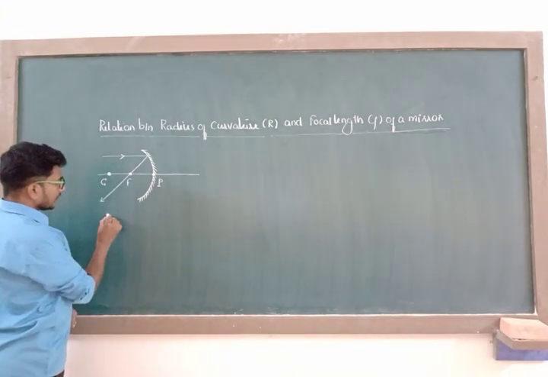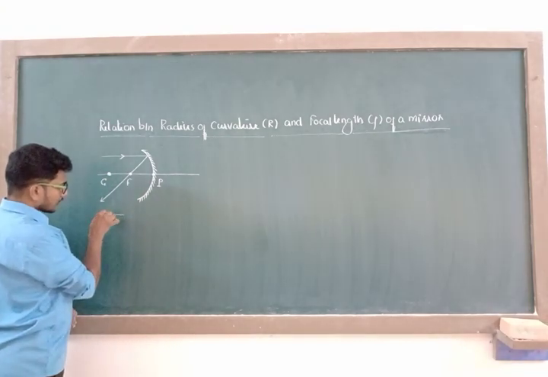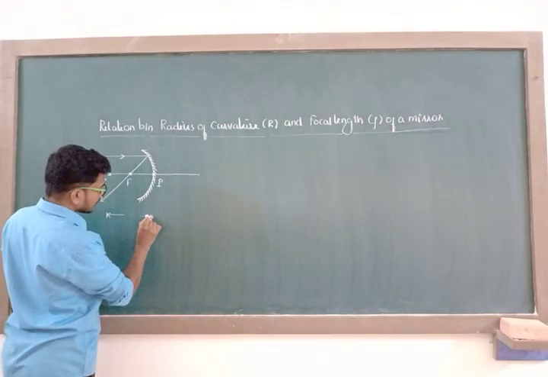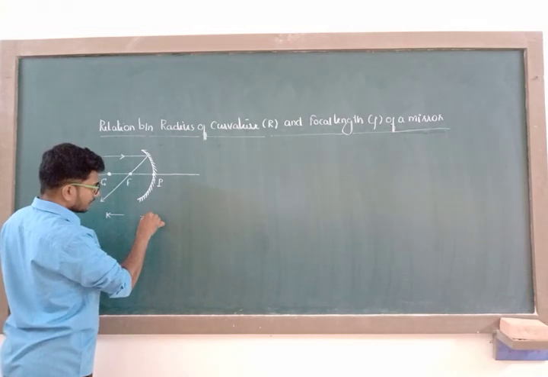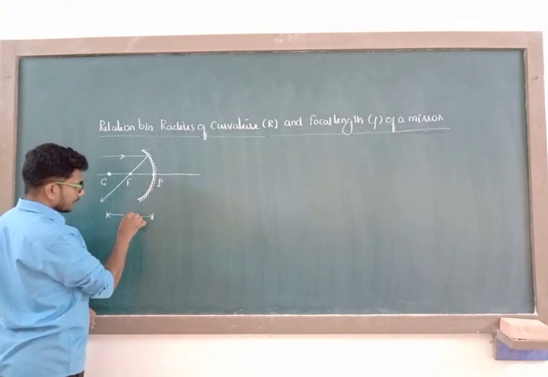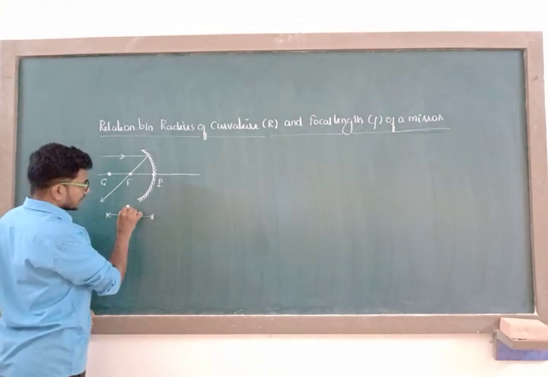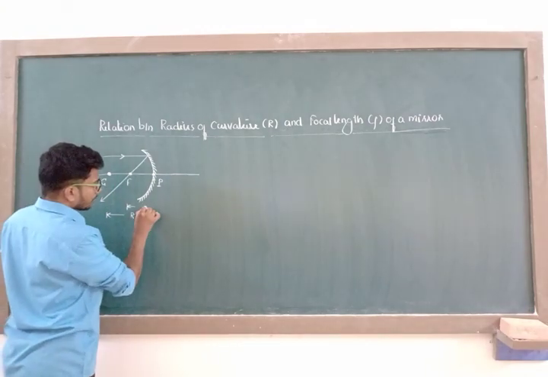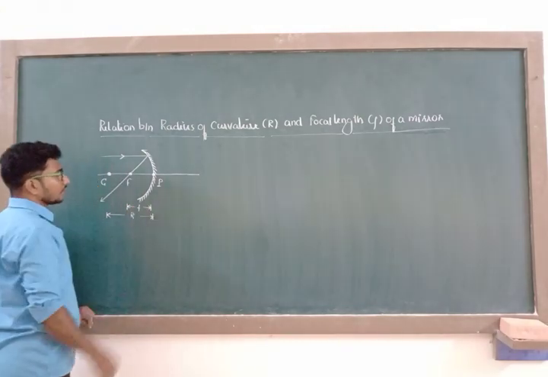A distance between center of curvature and a pole, this distance is known as a radius of curvature and it is represented by capital R. Distance between principal focus and pole, this distance is known as focal length.